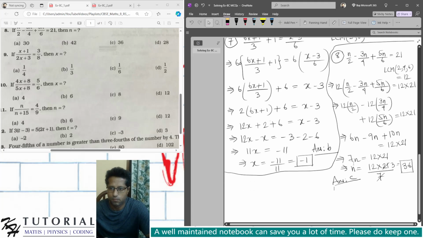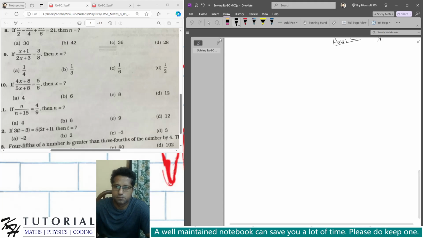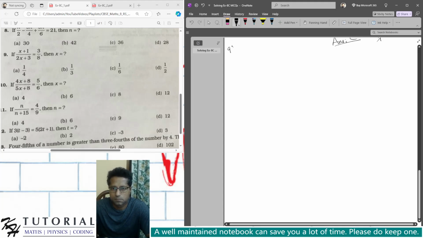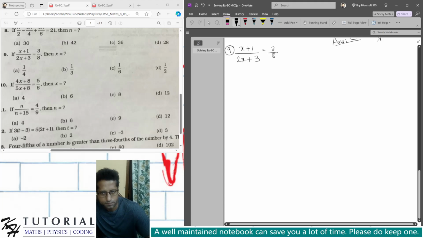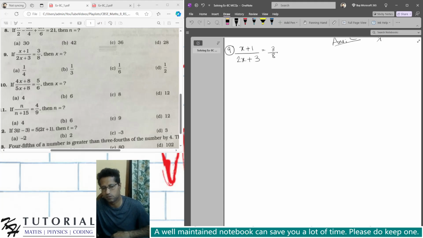Okay, let's do problem number 9. The question is x plus 1 divided by 2x plus 3 is equal to 3 by 8. So we have a rational term where the LHS is a rational term in which both the numerator and the denominator have the variable x.